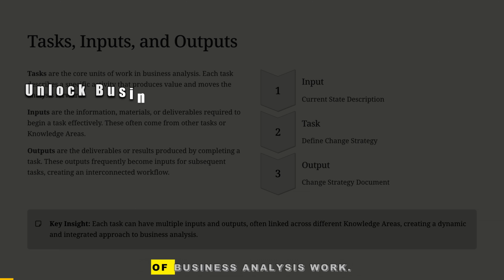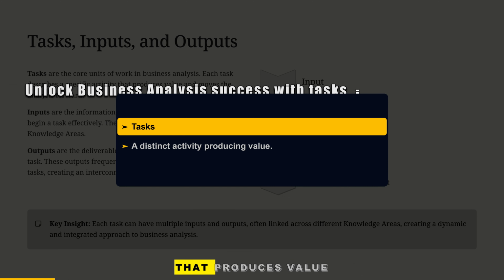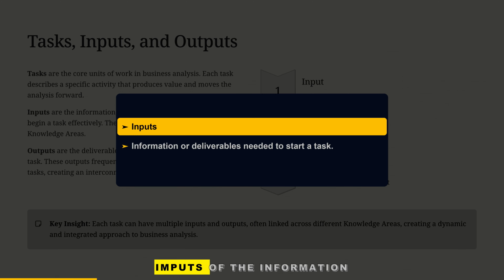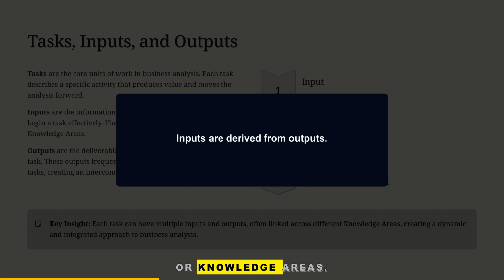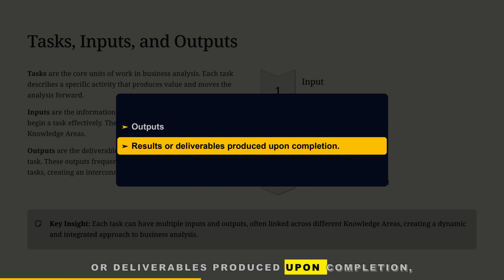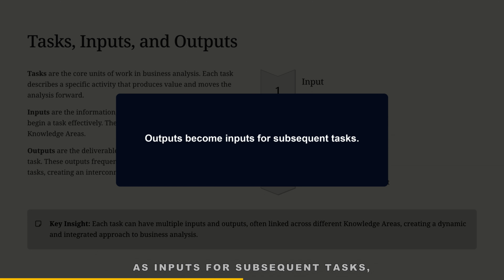Tasks are the building blocks of business analysis work. Each task describes a distinct activity that produces value and drives the initiative forward. Inputs are the information or deliverables needed to start a task, often derived from outputs of other tasks or knowledge areas. Outputs are the results or deliverables produced upon completion, and these frequently serve as inputs for subsequent tasks, creating an interconnected workflow.